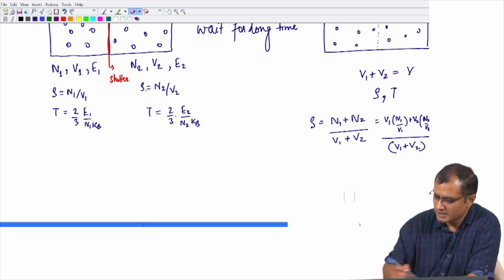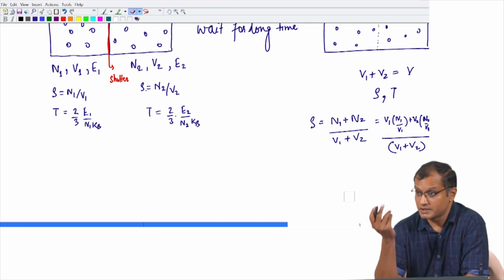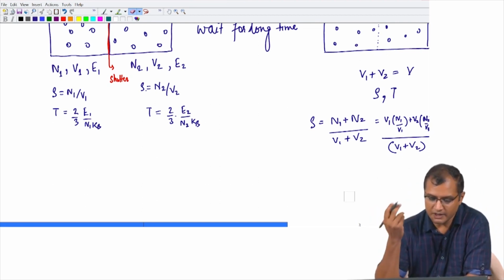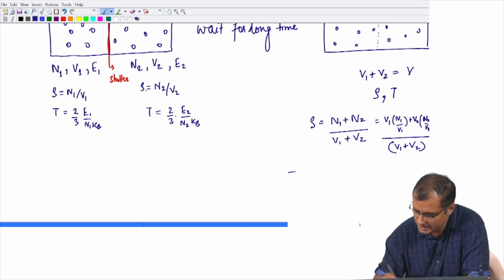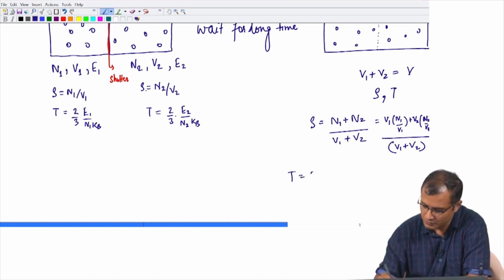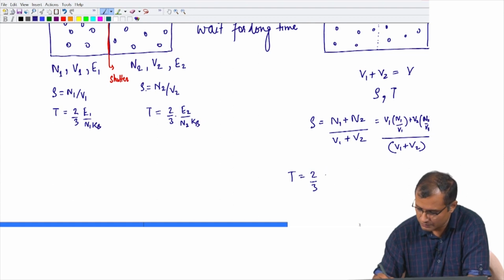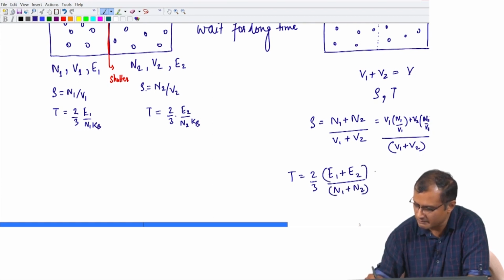and the final temperature also does not change, because you can write down the final temperature by the same logic: it is 2 by 3 into the total energy, which is now the sum of the two energies, divided by the total number of particles, which is the sum of the two particle numbers, divided by Kb.